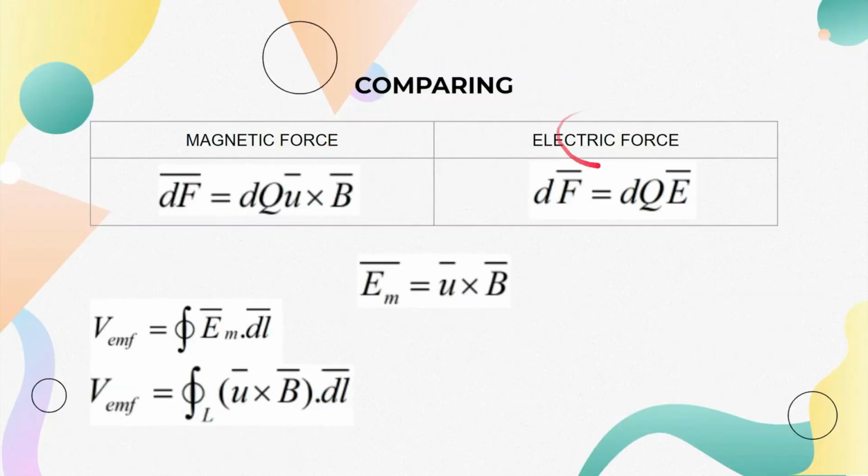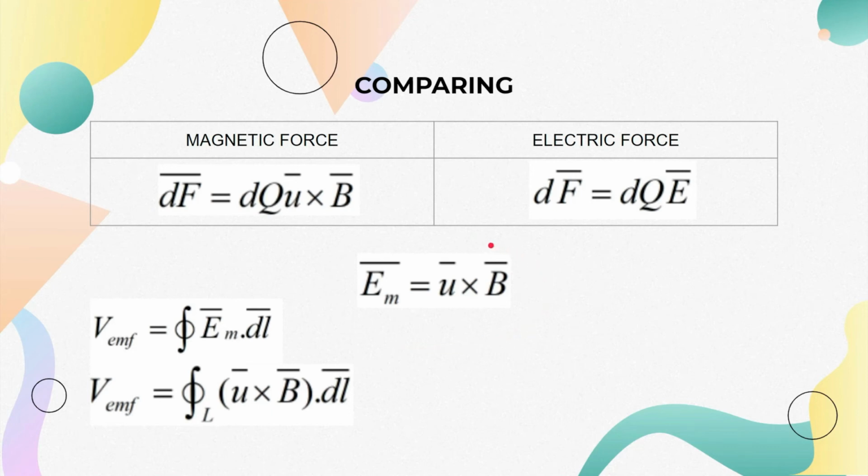The concept of electric force and magnetic force is actually quite similar, so we can compare the two equations of forces. By comparing these two, we can see that E is actually equal to vector u cross product with vector B. Therefore, we get E_m equals vector u cross product with vector B, which is our special field, the motional EMF field.